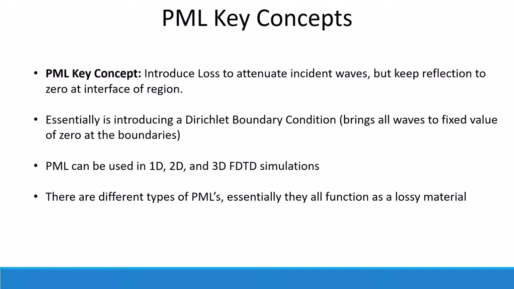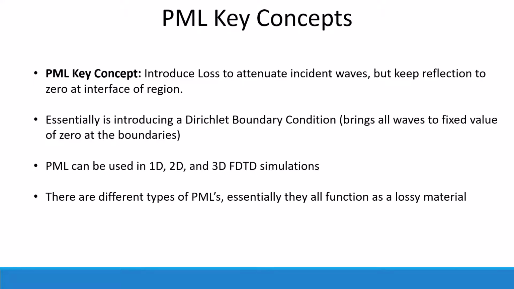PML can be used in 1, 2, and 3D. However, as mentioned, we'll be discussing 2D specifically here. And there are also different types of PMLs, like uniaxial or split wave, as we'll be introducing here. Essentially, they all still function as a lossy material on the boundaries of the simulation space, though.